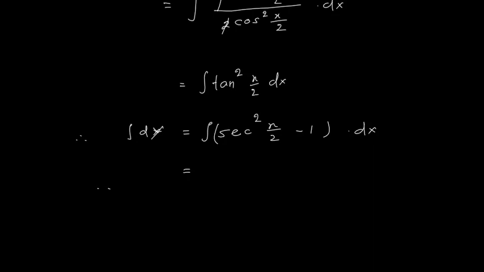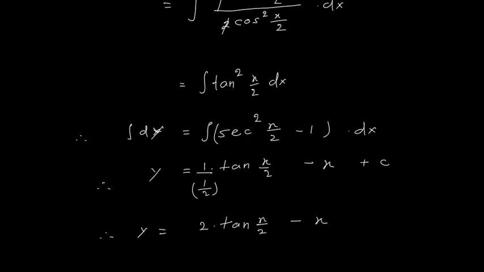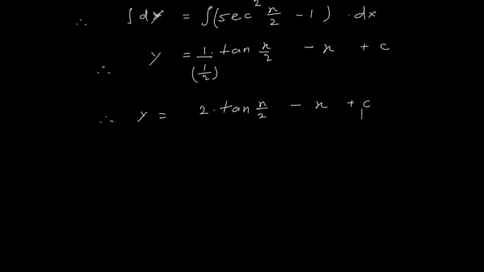Integration of dy I will get y, and here integration of sec square is tan, so it is tan x by 2, and I will divide this whole function by the coefficient of x which is 1 upon 2, minus integration of 1 with respect to x is x, plus I will get a constant of integration. So therefore y is equal to, this 1 upon 2 will become 2, so this is 2 tan of x upon 2 minus x plus c. This is our general solution.